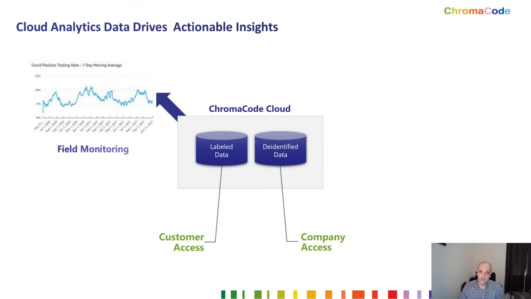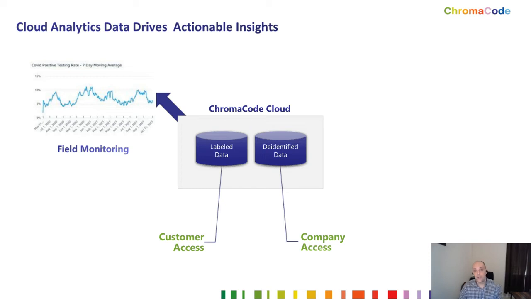This allows us to do several things. Number one is allow us to see what's going on in the field. So for us, we're not so interested in what a customer's doing. That's their job. We want them to be able to access data to help themselves. But we do want to know things like, as an example, here's the COVID positivity rate testing. And so we can see if the positivity rate of COVID is going up or down, or what's going on with it on a daily basis.